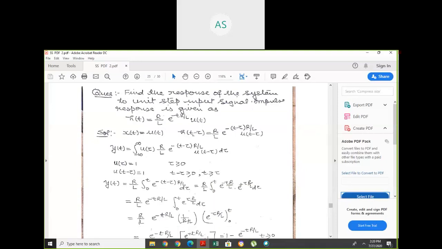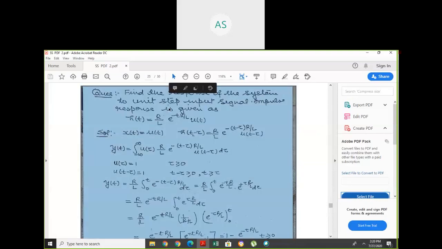Next is to find the response of the system to a unit step input signal.